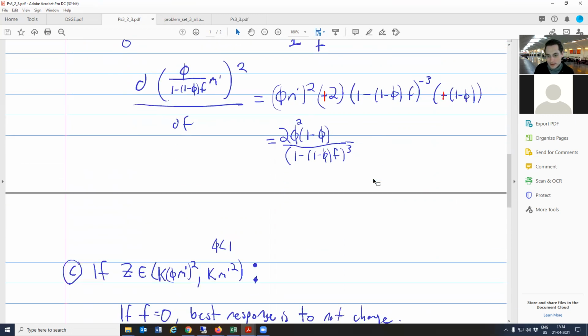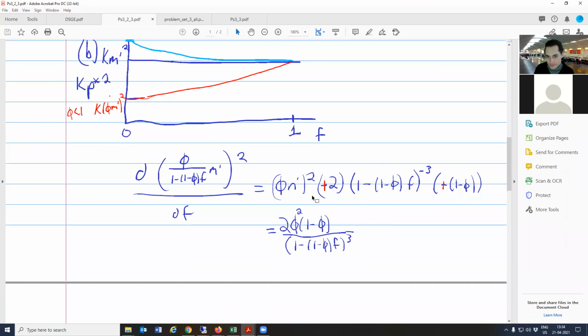So if you do a derivative, I guess this gives me the slope. And then you can see the slope is going to depend on this 1 minus phi term. If this thing is greater than 1, the slope is going to be negative. If it's less than 1, it's going to be positive. And then down here, this thing is always positive, I believe.